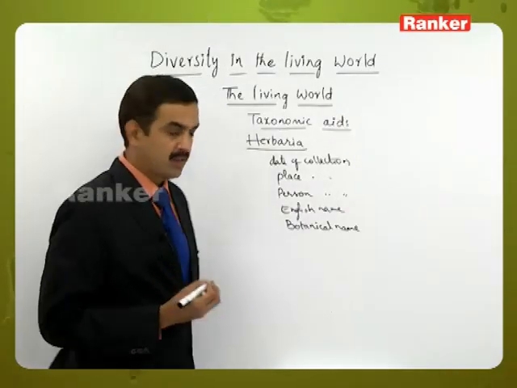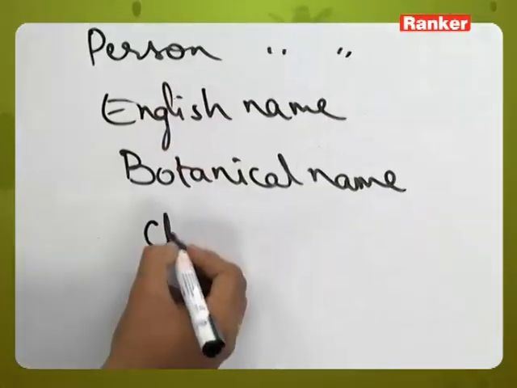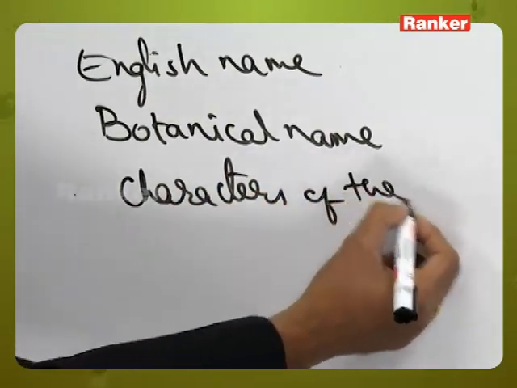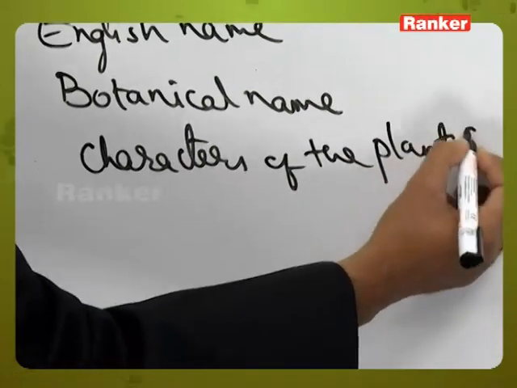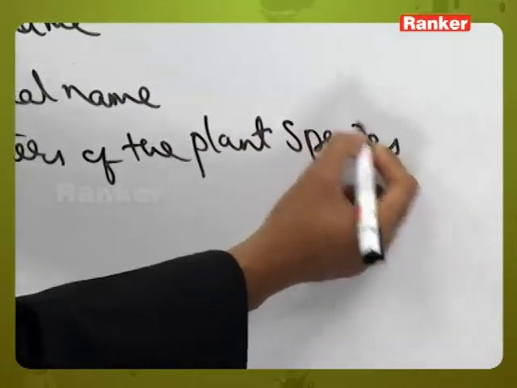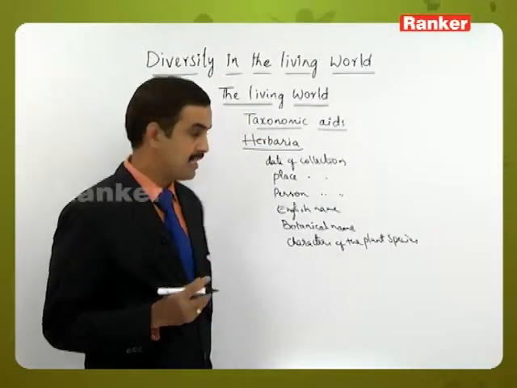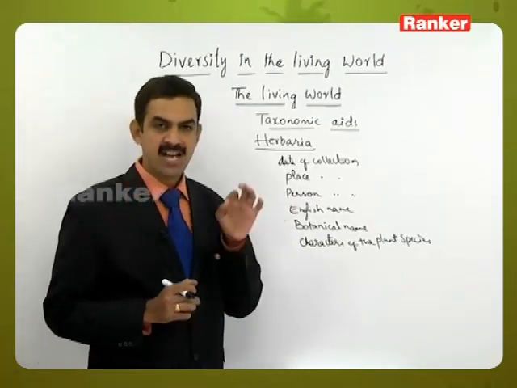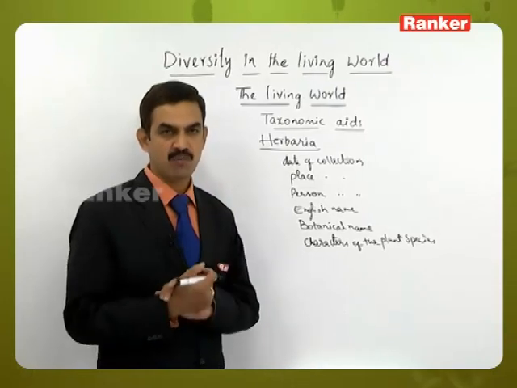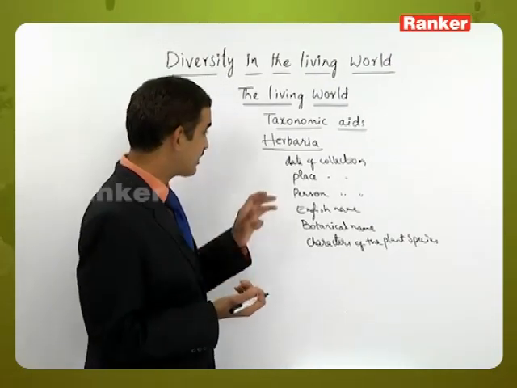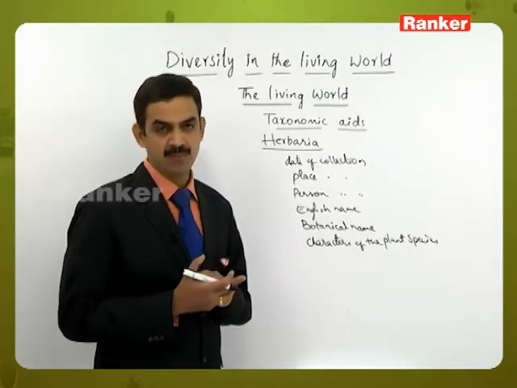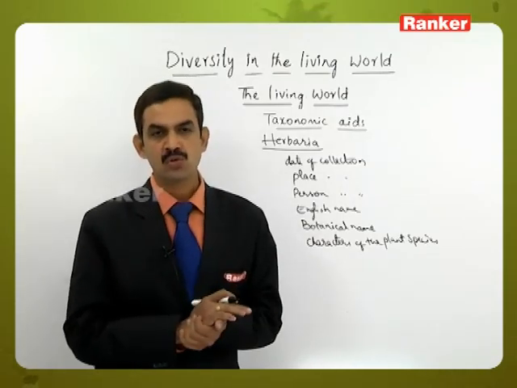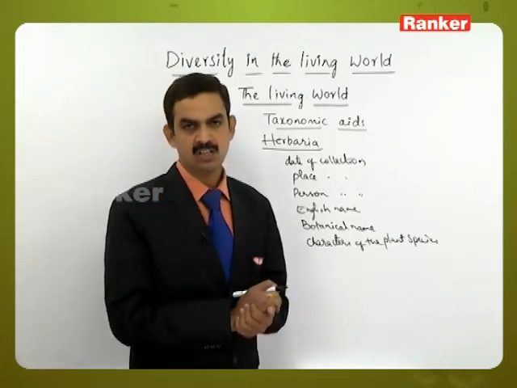Apart from this, all the characteristic features related to the plant species are prescribed on the herbarium sheet. This information has to be tagged or kept along with the herbarium sheet. This is how herbarium is done, and all these are preserved in the form of herbarium sheets in the desk, which is available in the botanical gardens.